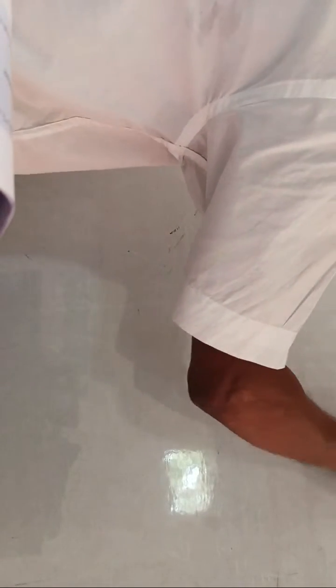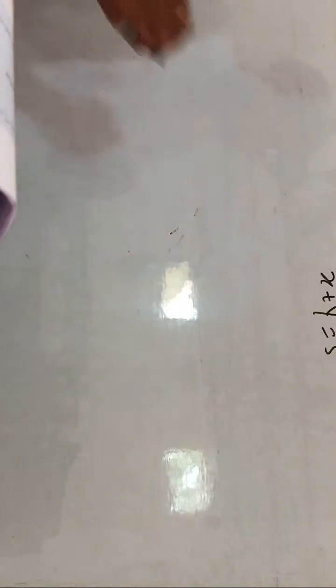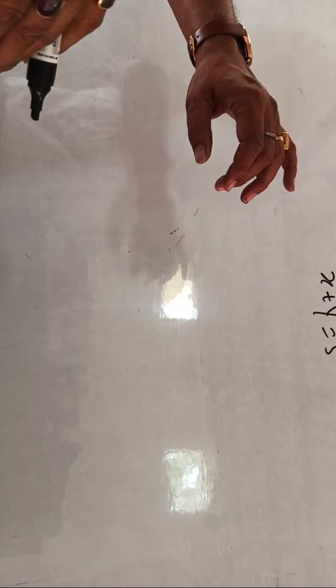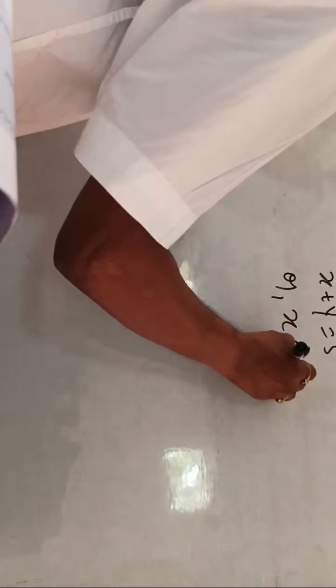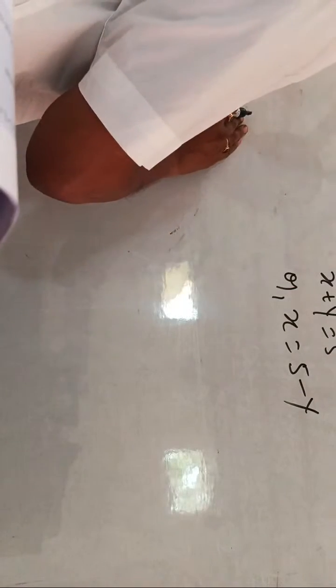In the first equation, x plus y is equal to 5, right? And the value of x will be 5 minus y. Now this value of x will be put in the second equation.